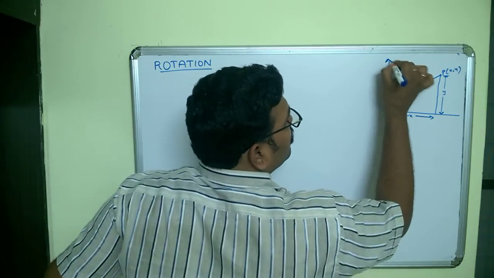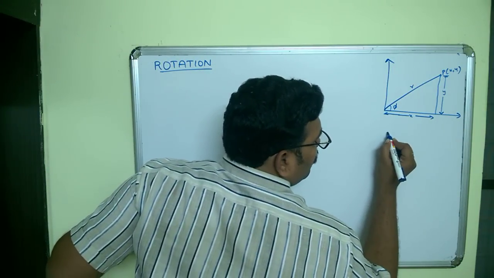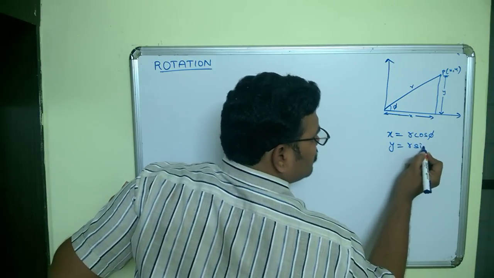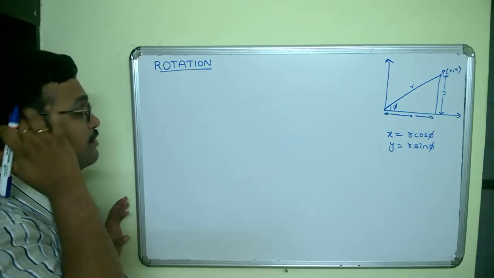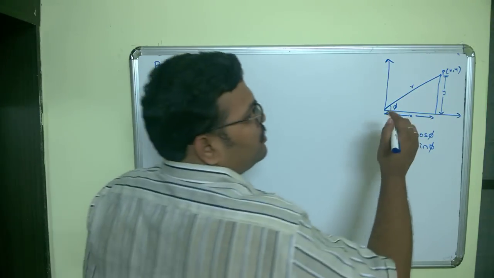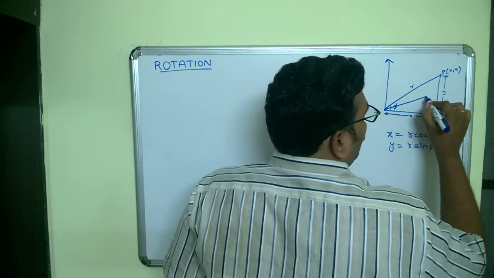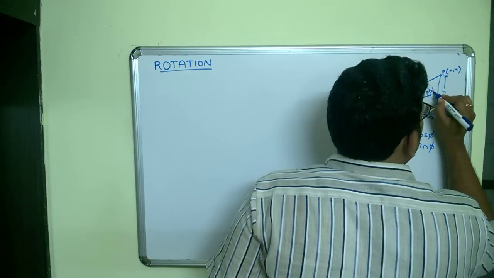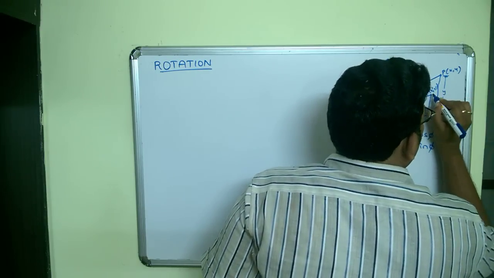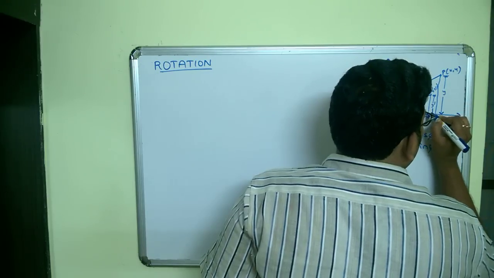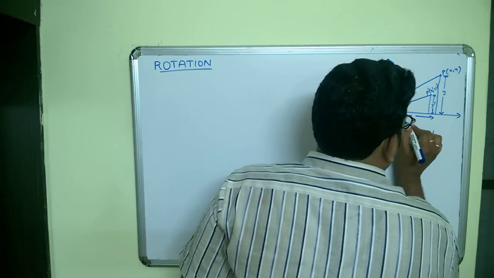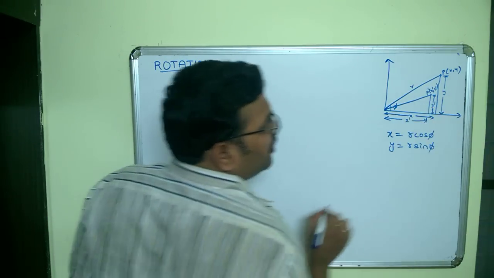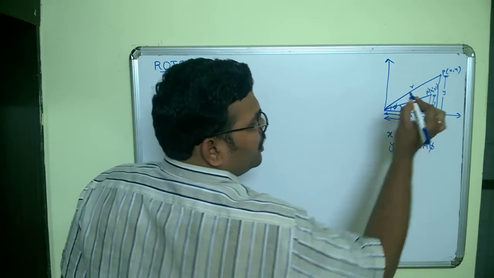As we know, x is equal to r cos phi and y is equal to r sin phi, similar to the previous case. If the point is rotated, let the new point P' be (x', y'), a new point with angle theta.